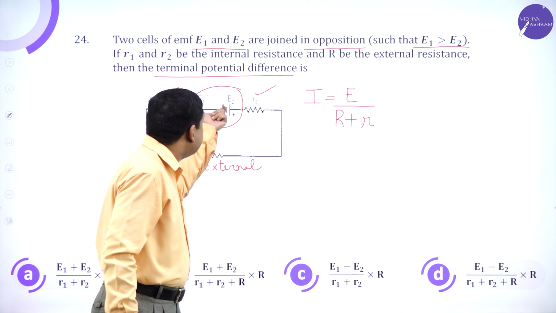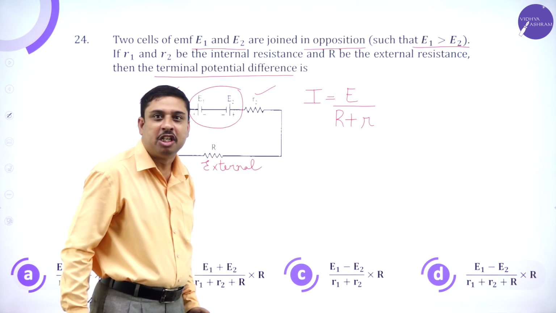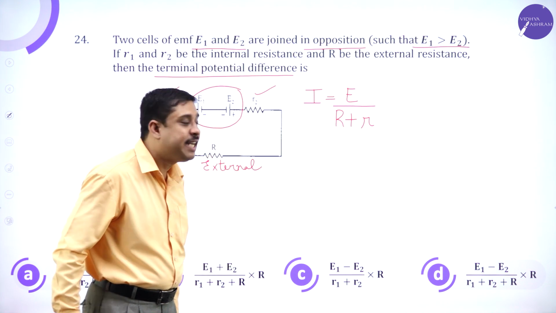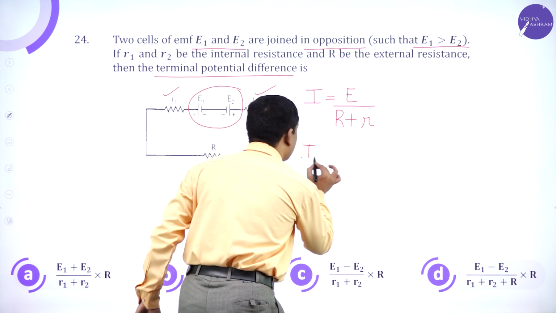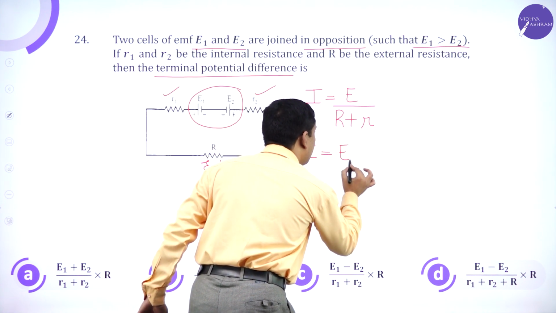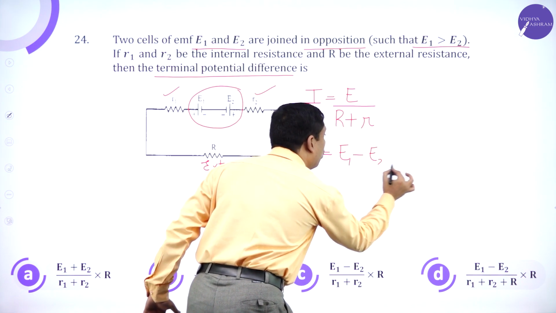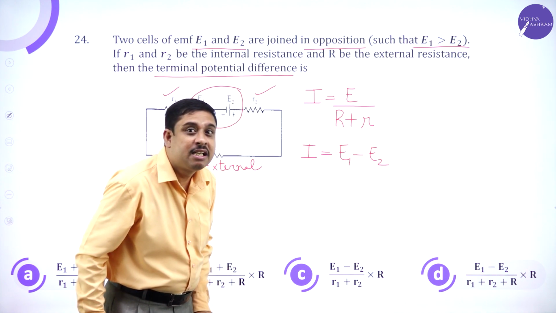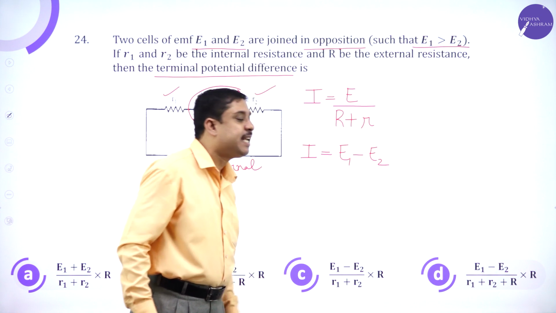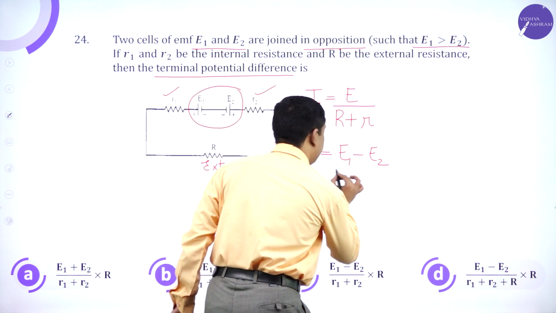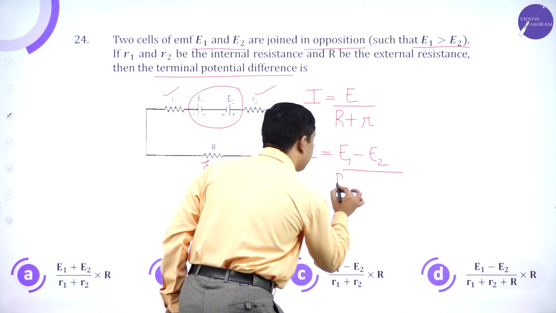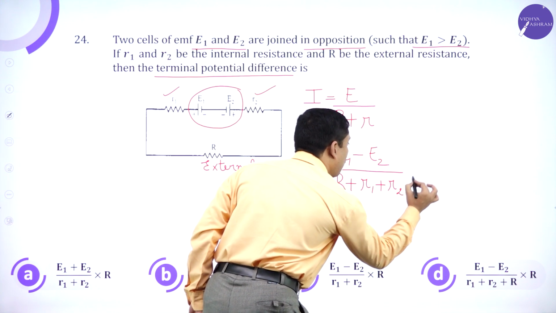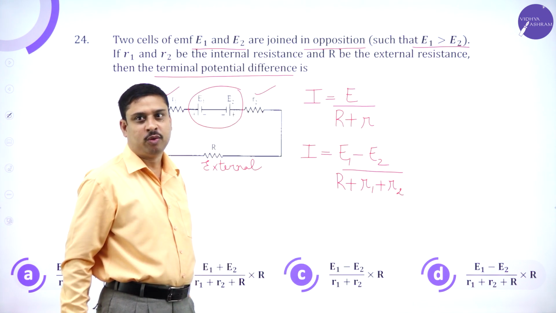Here, they are oppositely connected, the 2 cells, and evidently E1 is greater than E2. So I becomes E1 minus E2. Why E1 minus E2? The 2 cells are oppositely connected. E1 is greater than E2. Divided by R plus 2 internal resistances, small r1 plus small r2.